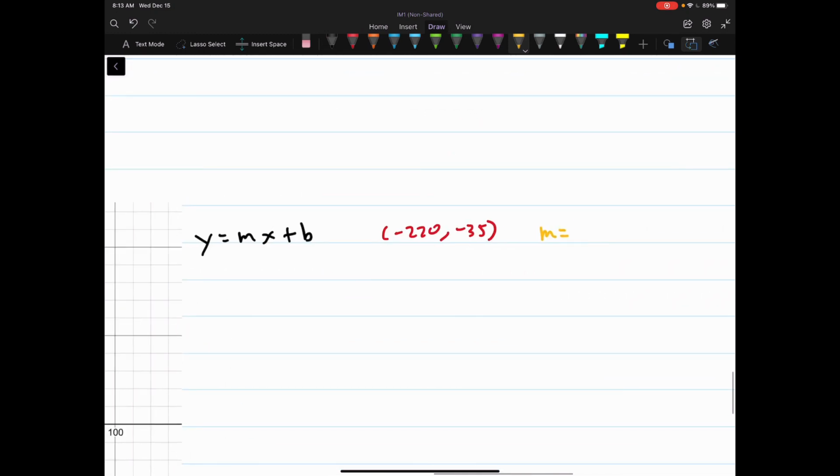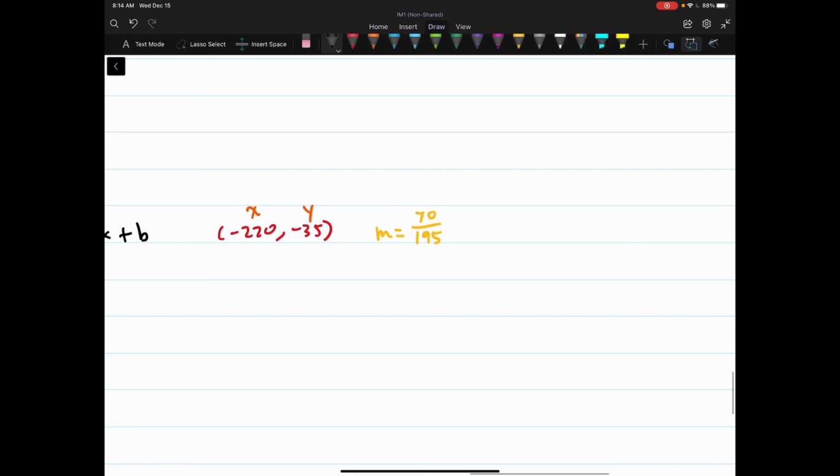I'm going to make this my x and this my y. So y is negative 35, so that's going to be negative 35 is equal to m, which is 70 over 195.